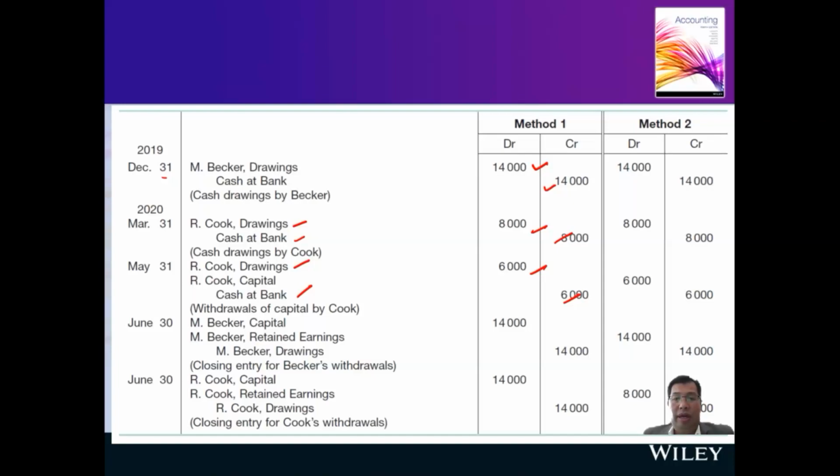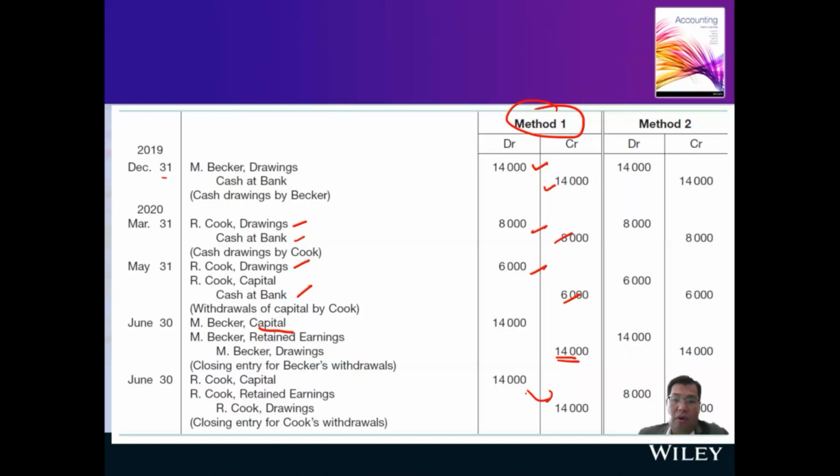At the end of the day, you debit the capital accounts, credit drawing. We close our drawing accounts and minus our capital accounts. So this is the process in method number one. Indirectly, at the end of the day, the capital account will reduce because of the drawing.